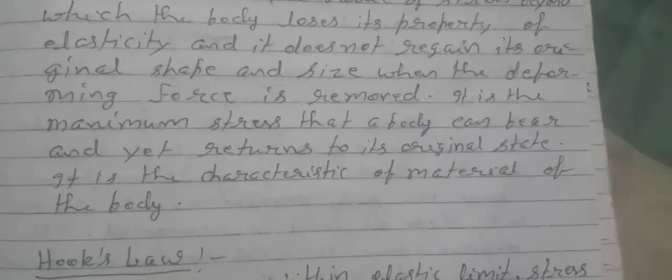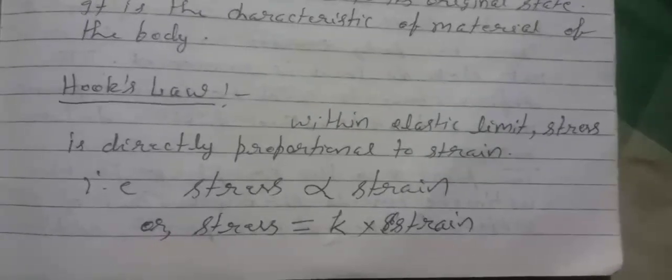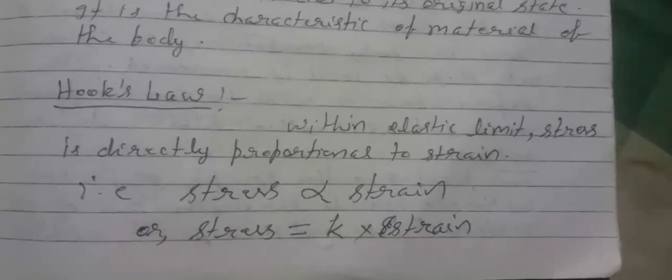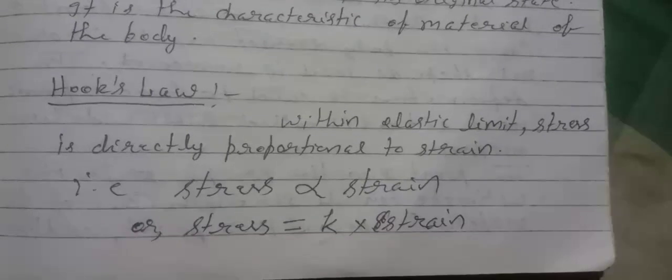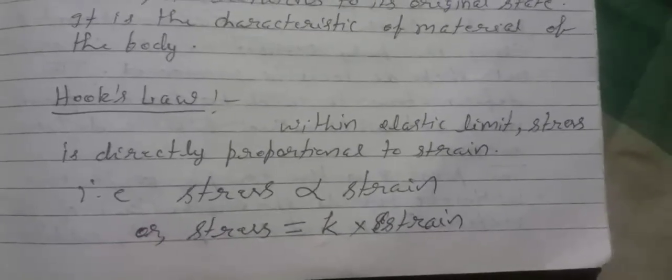It is a characteristic of the material of the body. Hooke's law: within elastic limit, stress is directly proportional to strain. That is, stress is proportional to strain, or stress equals K into strain, where K is a proportionality constant.